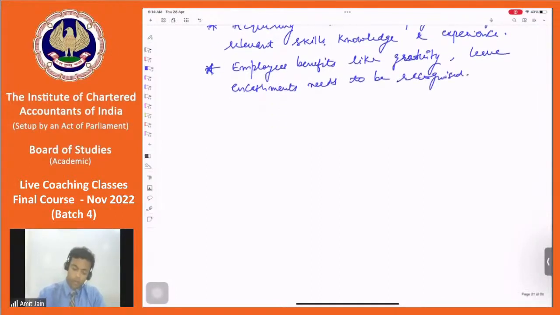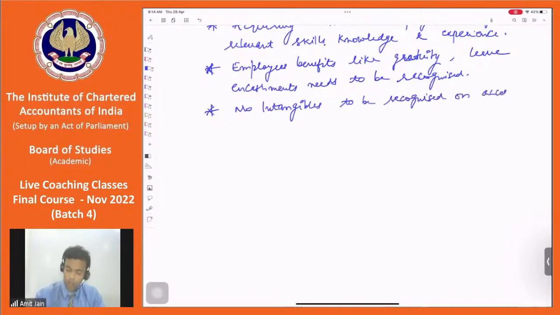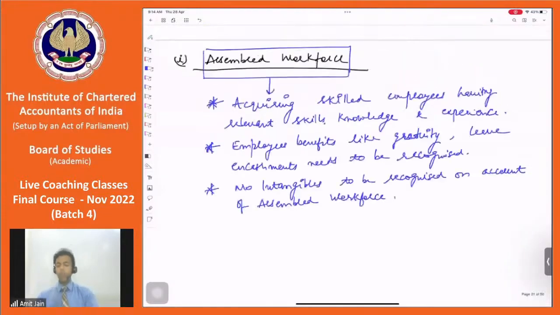Correct? No intangibles are to be recognized on account of assembled workforce. So this will be the accounting, guys.